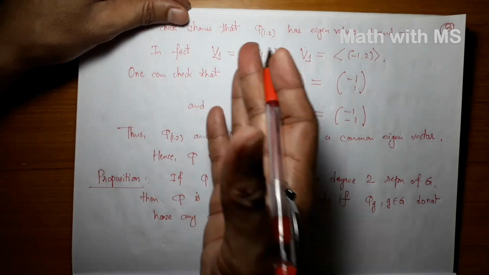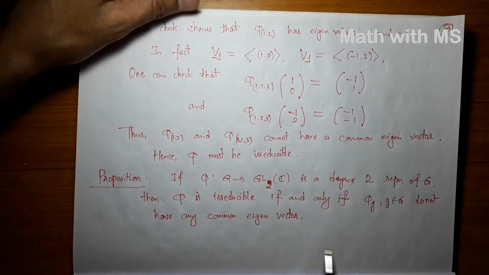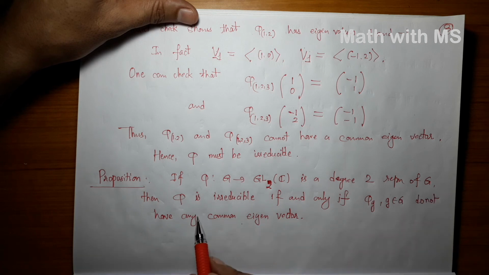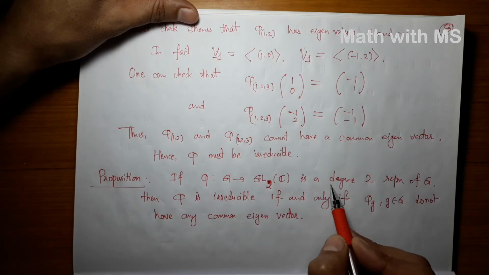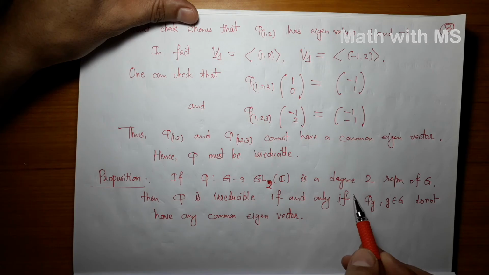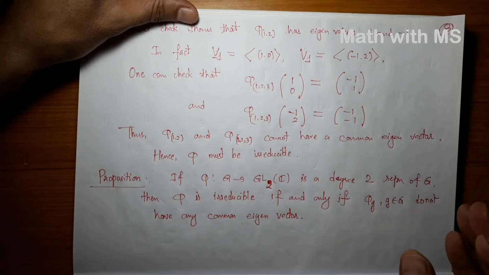So the proof is just exactly what we did in this example. If you have a degree 2 representation of a group G and suppose that it is reducible. Reducible means it has a proper G-invariant subspace, which in this case can only be a dimension 1 subspace, so it is generated by one non-zero vector. That means each phi(g) maps that vector into a scalar multiple of itself.